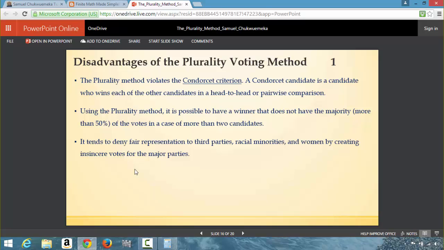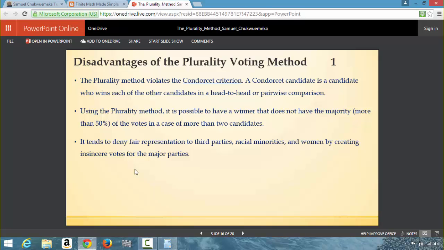In that election, some voters probably didn't like Clinton and didn't like Bush, but they looked at it and said, hey, Perot is not even going to stand a chance to win the presidency. When they think that way, they will just say, okay, between Bush and Clinton, who is the lesser evil?